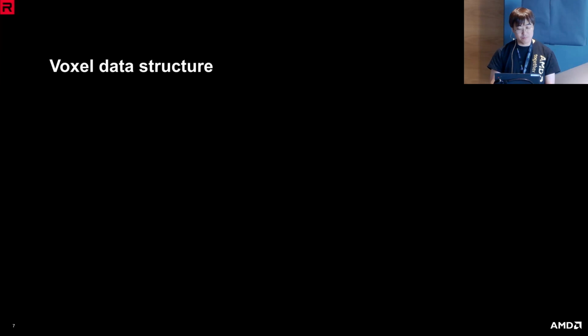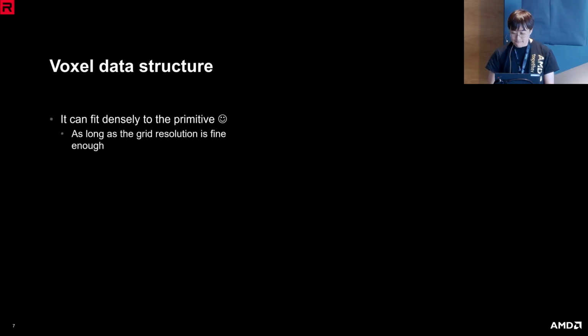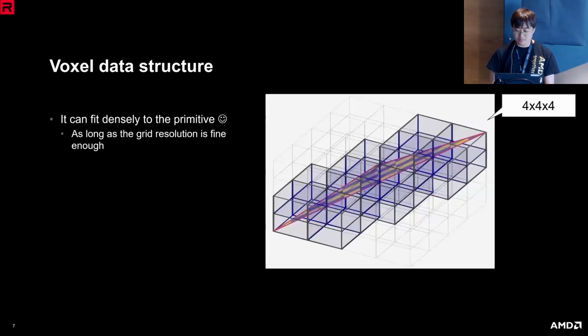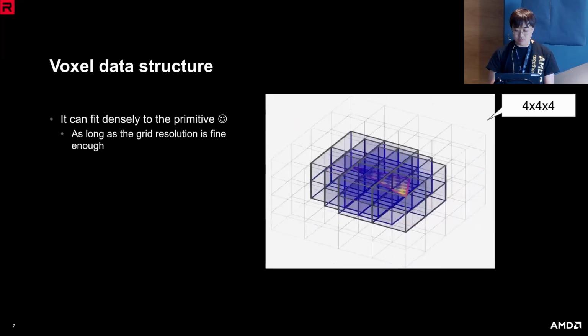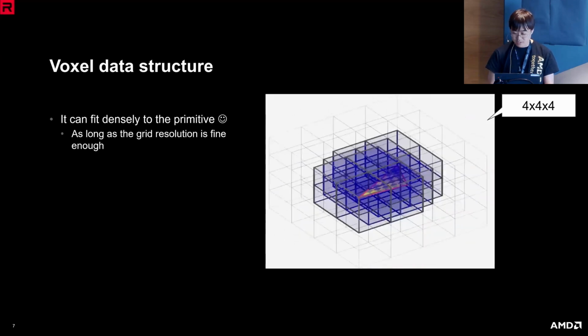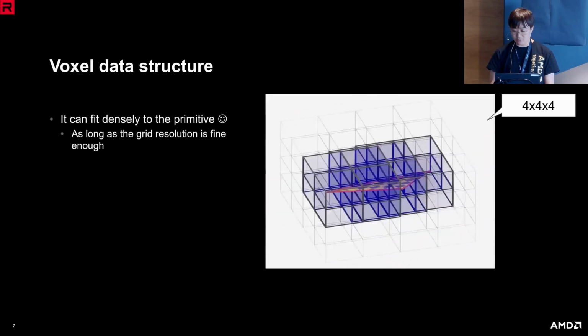Instead of other bounding volumes, we use a voxel data structure toward our goals because voxels have nice properties for us. First, it can fit densely to the primitive as long as the grid resolution is fine enough. Just like this. Even though the grid size is 4x4x4, as shown here, you can see it can bound the triangle more tightly.